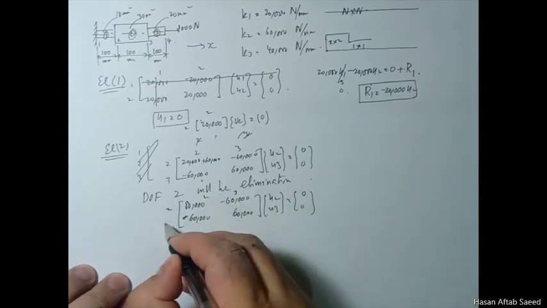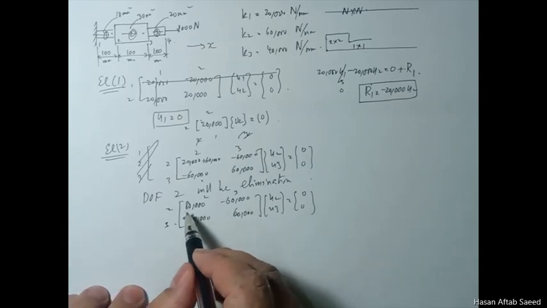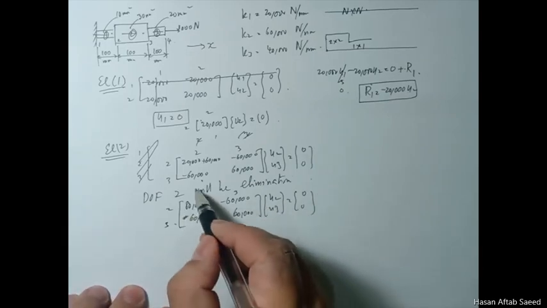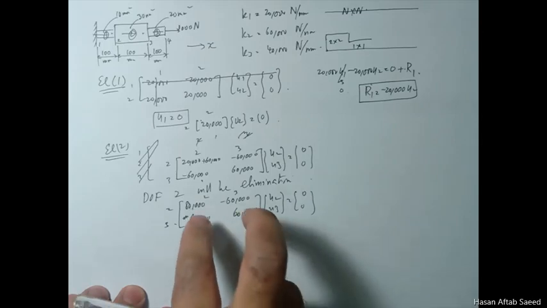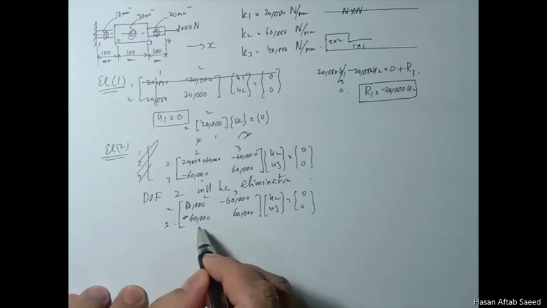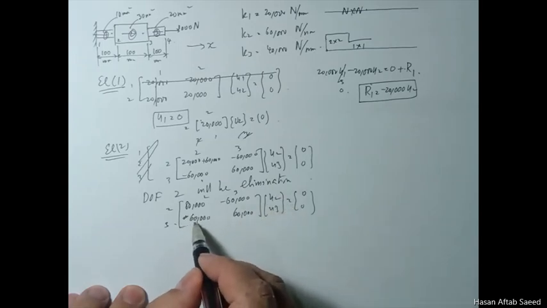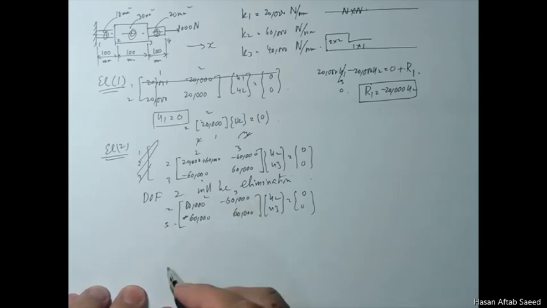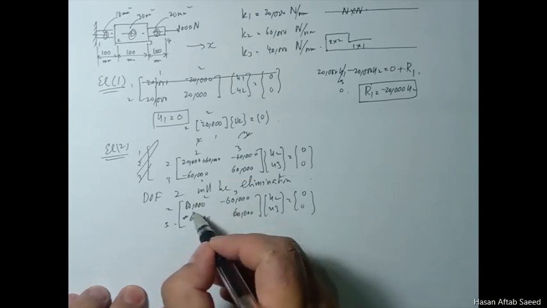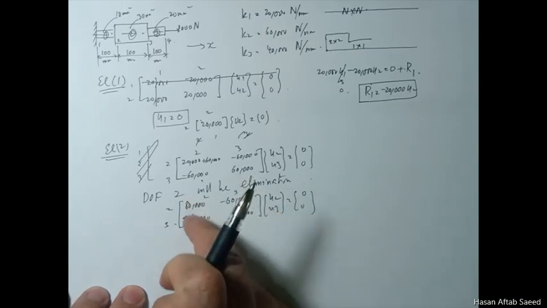2 3, 2 3. We want to eliminate this u2. We will write it down here, so we can do that, but this is problematic. This has to be 0 because this multiplies with u2, and unless this is 0 we cannot just remove it. So what we do is, somehow with row operation we want to make this 0. That is very simple.